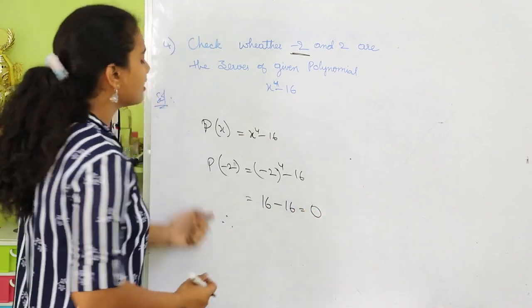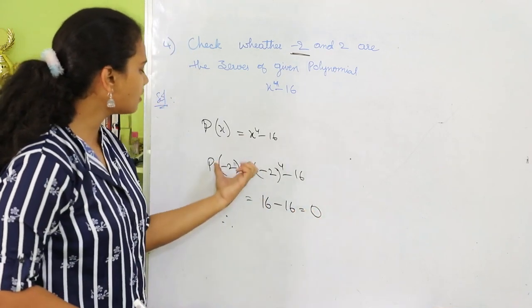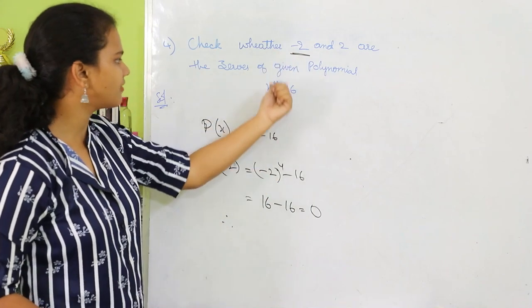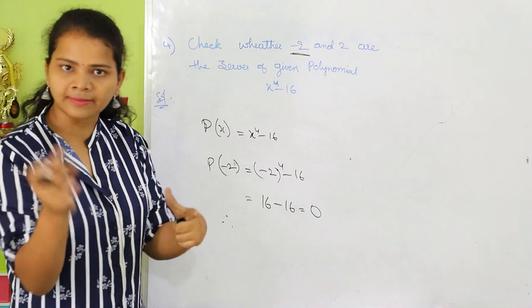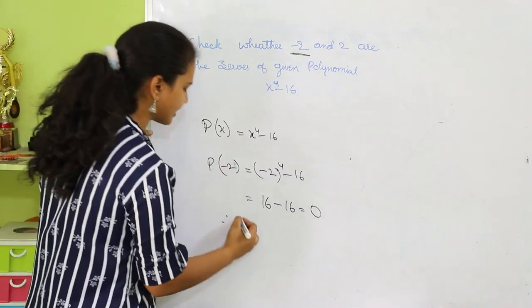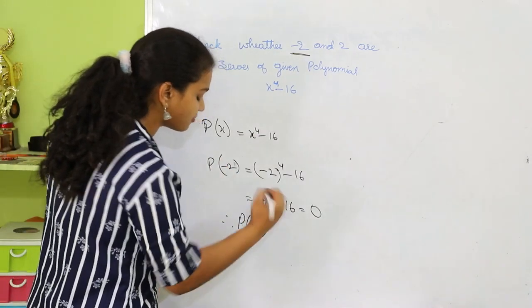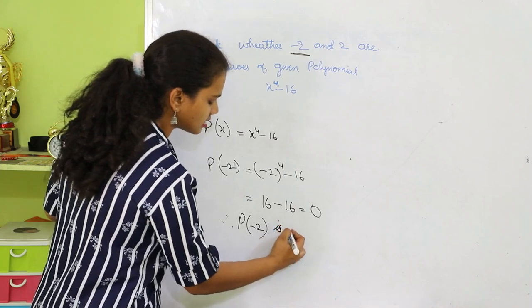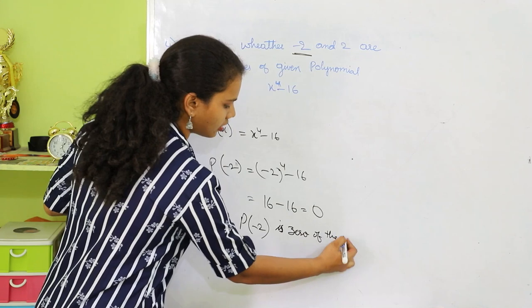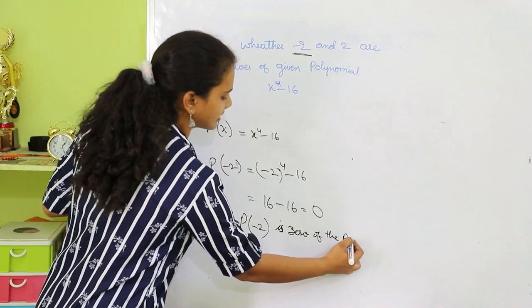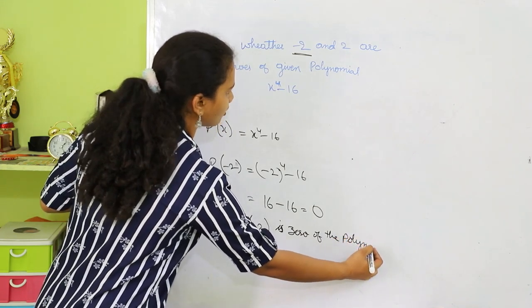Therefore I can say, if I substitute the minus 2 value in the place of x, the answer I am getting is 0, right? So therefore I can say P of minus 2 is 0, so minus 2 is a zero of the given polynomial.